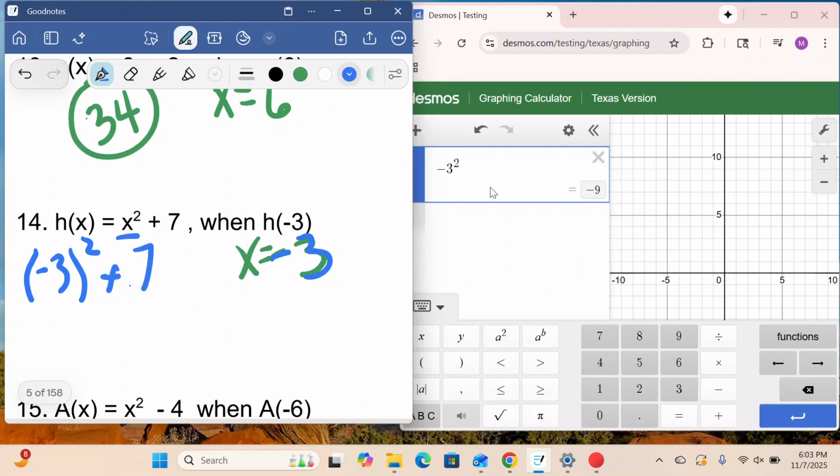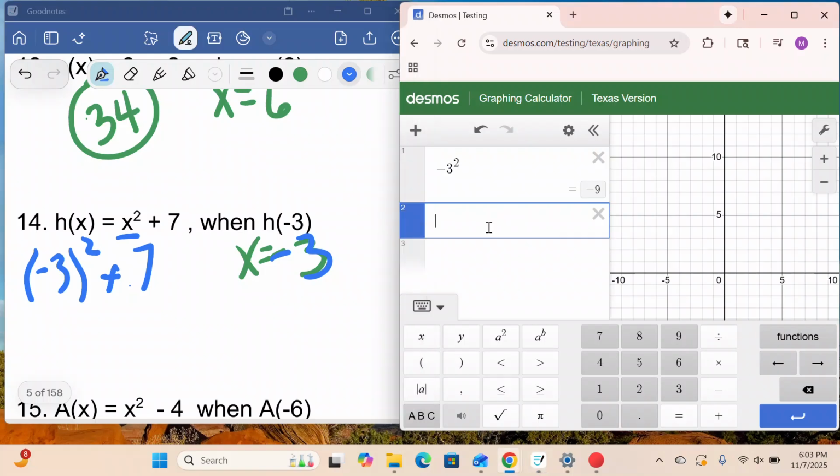If I put open parentheses, negative 3, quantity squared, it gives me a positive 9. So you have to be very, very careful on how you input the equation. For the sake of this, I'm going to input it correctly.